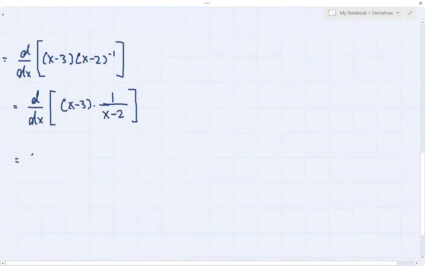So, multiply the two and it would be x minus 3 all over x minus 2. Right?